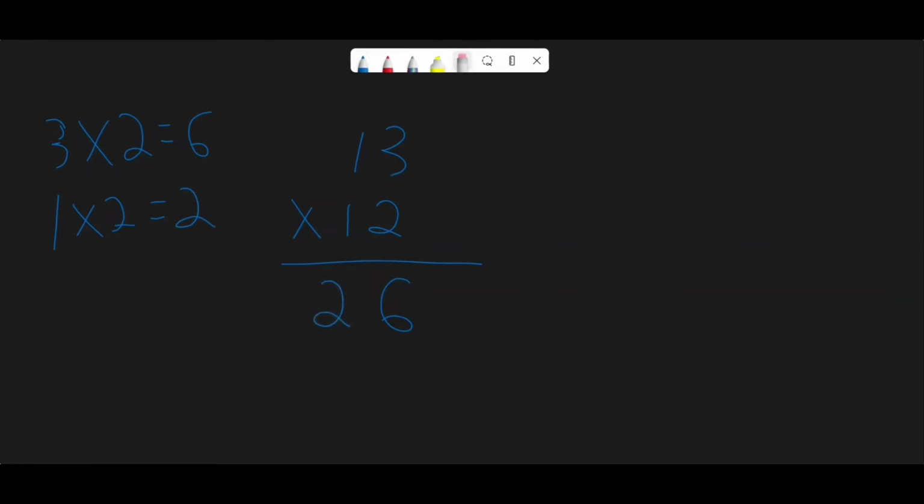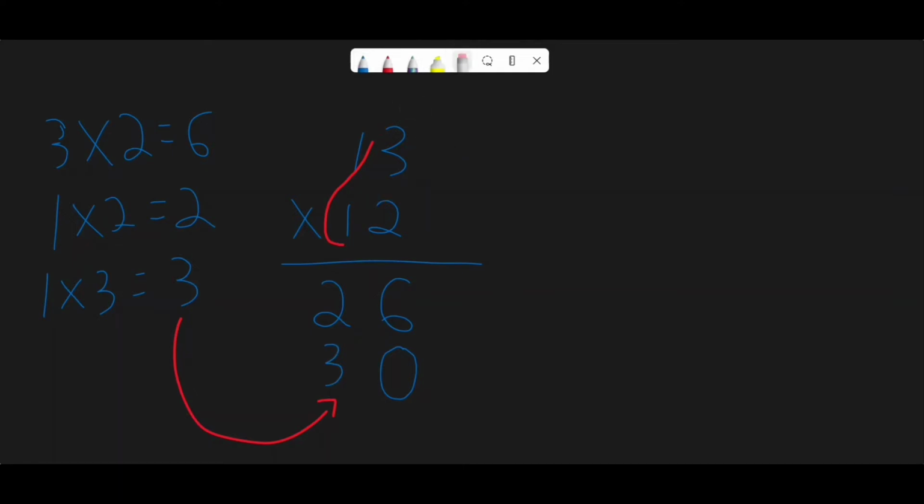But now here's where it gets a little different. We're done with this number. So we have to place a 0 as a placeholder down below. So whenever we start, we're going to multiply 1 times 3, which equals 3. And then that goes right there.